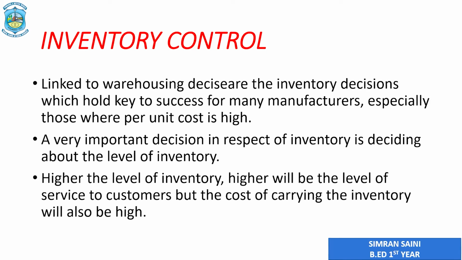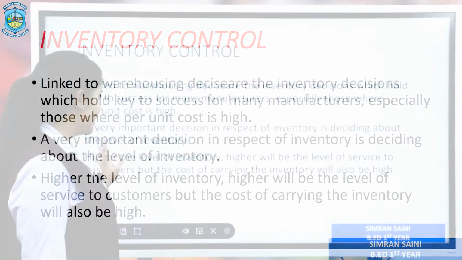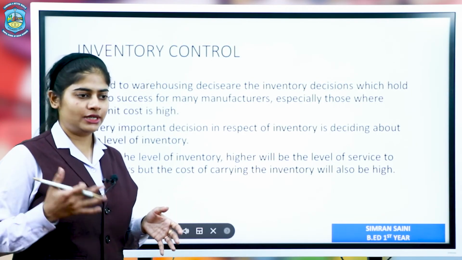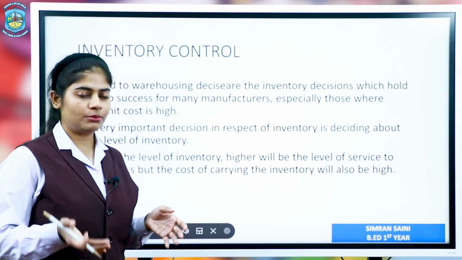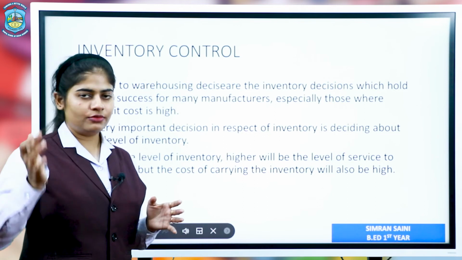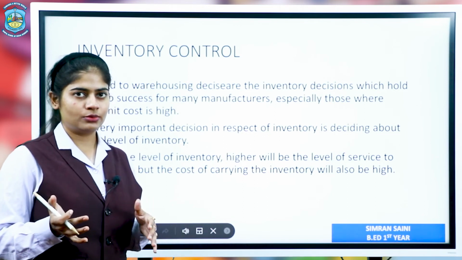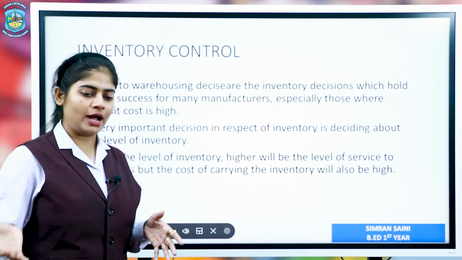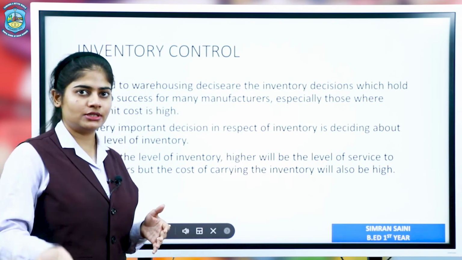The higher the level of inventory, the higher the level of service to the customer. The cost of carrying inventory is really high. Because of that, the product prices also increase, and the warehouse services which we really need for physical distribution will also be added to that product, and it will increase the price of the product.